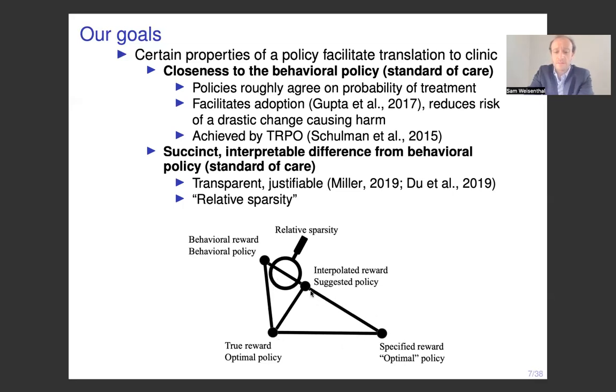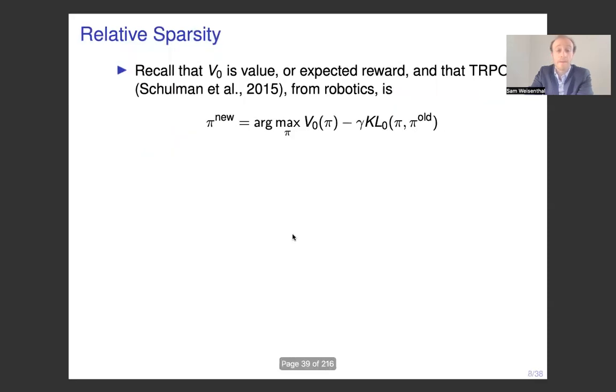Now, in terms of interpretability, which is again something really unique to the medical setting, we want it to be very transparent how the suggested policy differs from the standard of care, or the behavioral policy, and that is the idea behind relative sparsity. Recall that V0 is value, or expected reward.